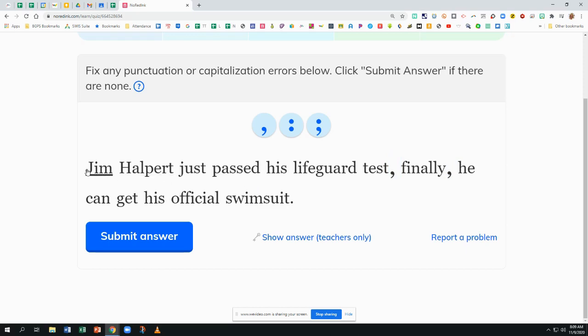And if they are complete thoughts, which one of these needs to get changed? Well, first let's read the thoughts and see if they're complete. Jim Halpert just passed his lifeguard test. That sounds like a complete thought to me. It could be its own sentence. He can get his official swimsuit. That sounds like a complete thought. So if those are both complete thoughts, one of these is not correct because we only use a comma on both sides if this is interrupting a complete thought, which it's not.